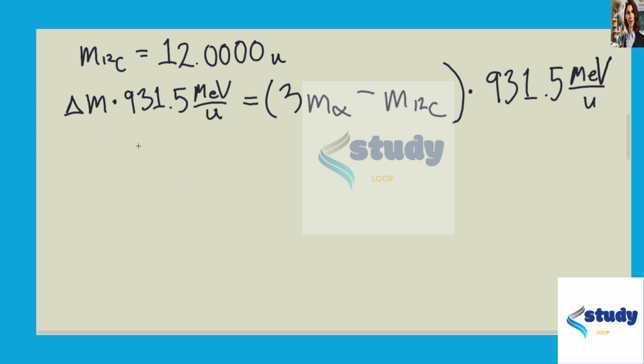And doing that, we find the binding energy in this case is positive 7.27408 mega electron volts.